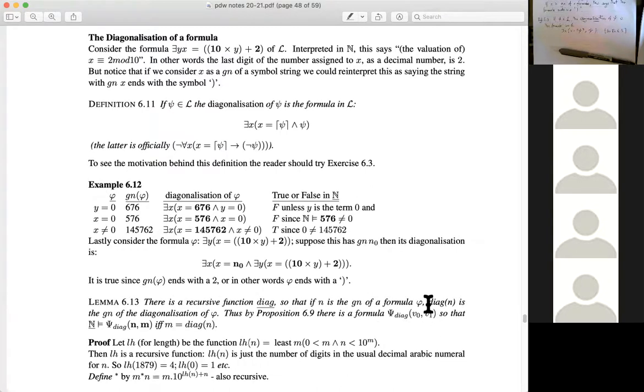If n is the Gödel number of a formula, diagonalization of n is the Gödel number of the diagonalization of phi. So suppose n is the Gödel number of psi, then diag of n is the Gödel number of this formula here.